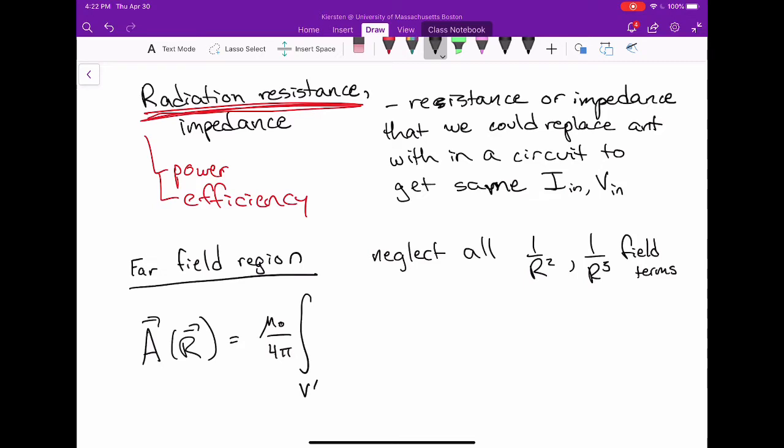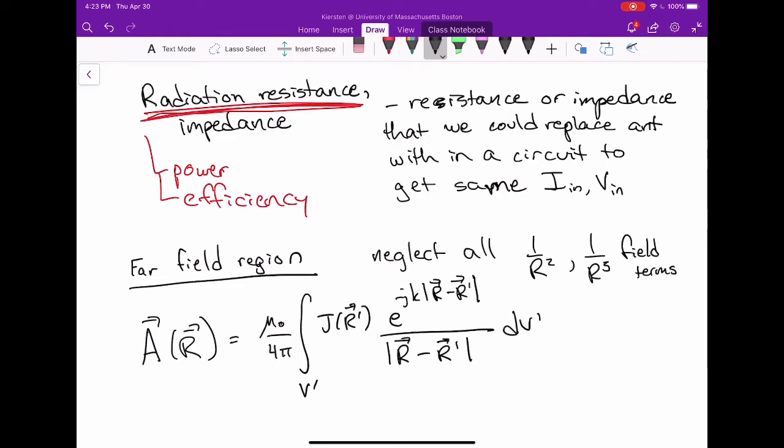And then we're integrating a volume integral over the primed coordinates J of r prime times the spherical propagation factor, e to the minus j k magnitude of r minus r prime, divided by the magnitude of r minus r prime, dv prime.